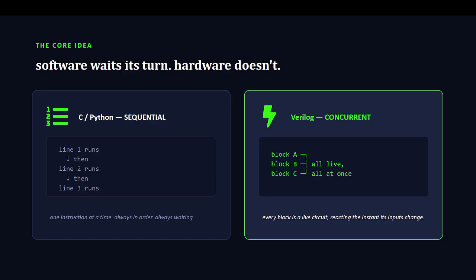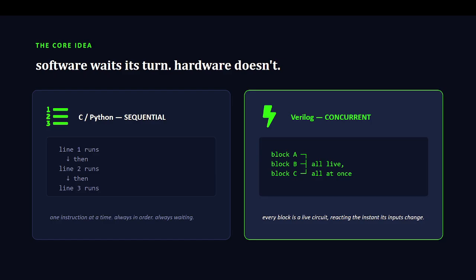One instruction is in progress at a given moment, and every other instruction is just sitting there waiting for its turn. That's called sequential execution, and honestly, that's probably the only execution model you have ever known because that's how basically every programming language works.